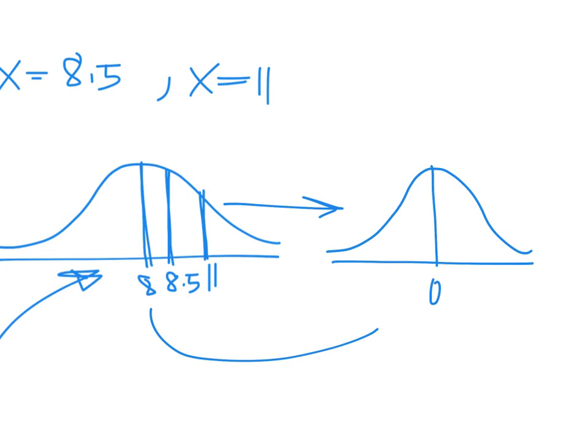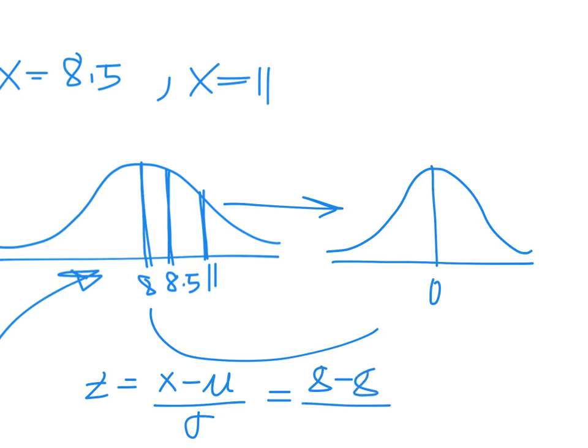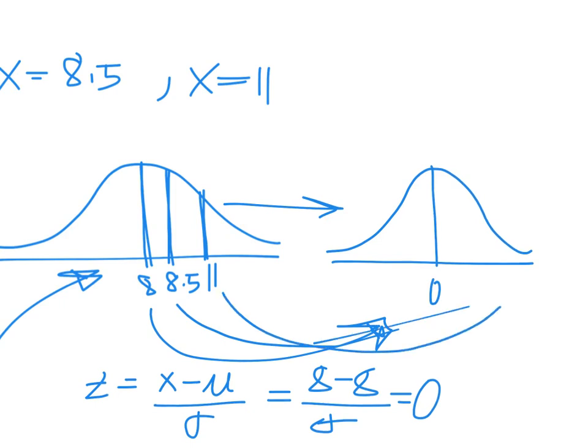The mean will always become 0, and that is still consistent with z equals x minus mu over sigma, because when x is equal to the mean, that means 8 minus 8, and whatever the standard deviation is, 8 minus 8 is 0, and 0 over the standard deviation is 0. That is why in the standard normal curve, the mean is now 0. So our concern is to change 8.5 into a z and 11 into a z.